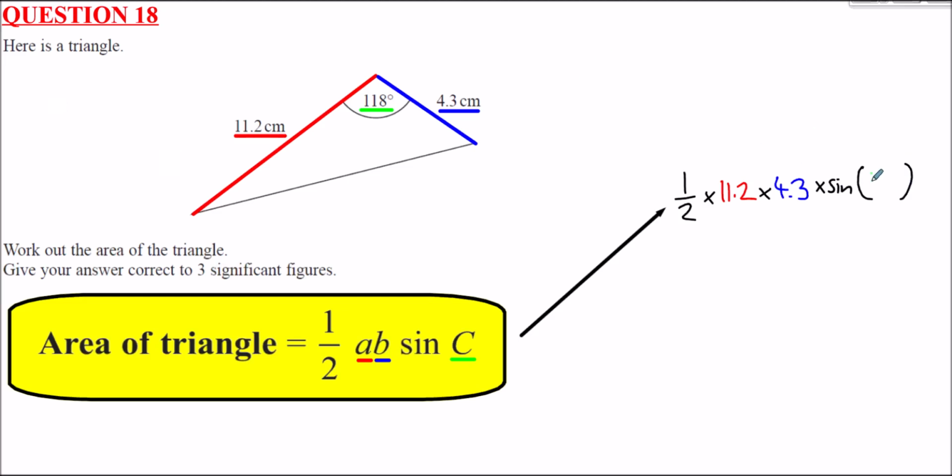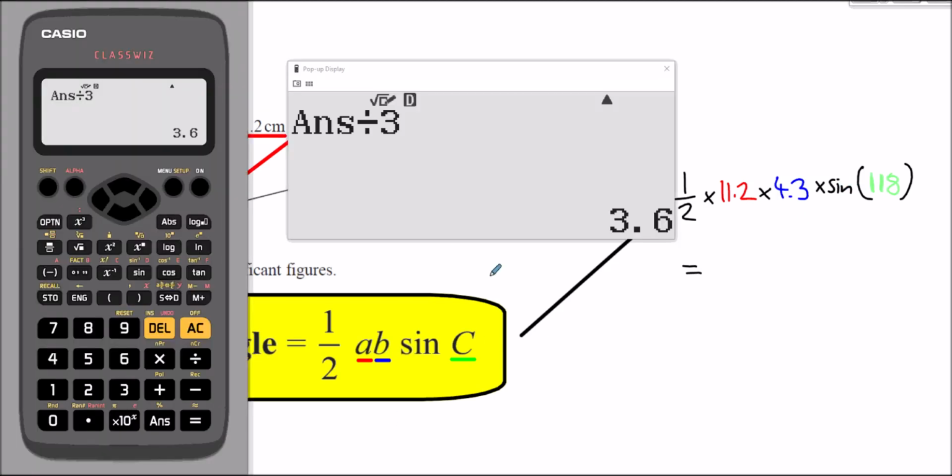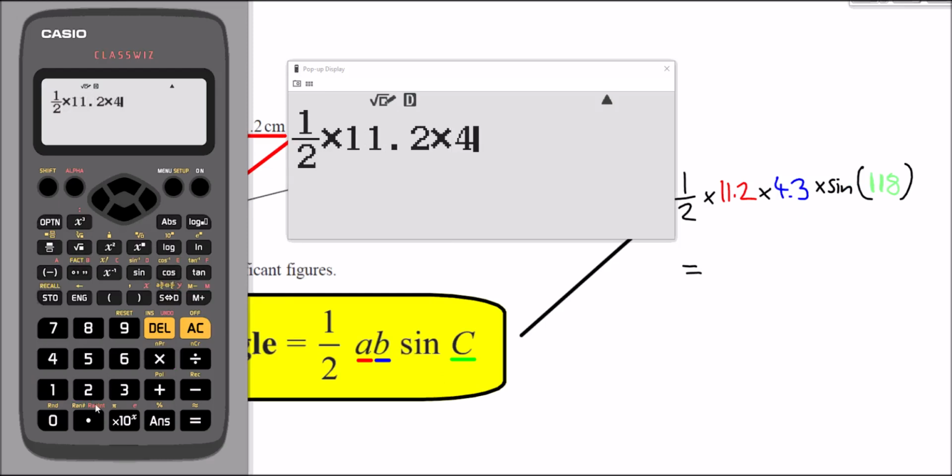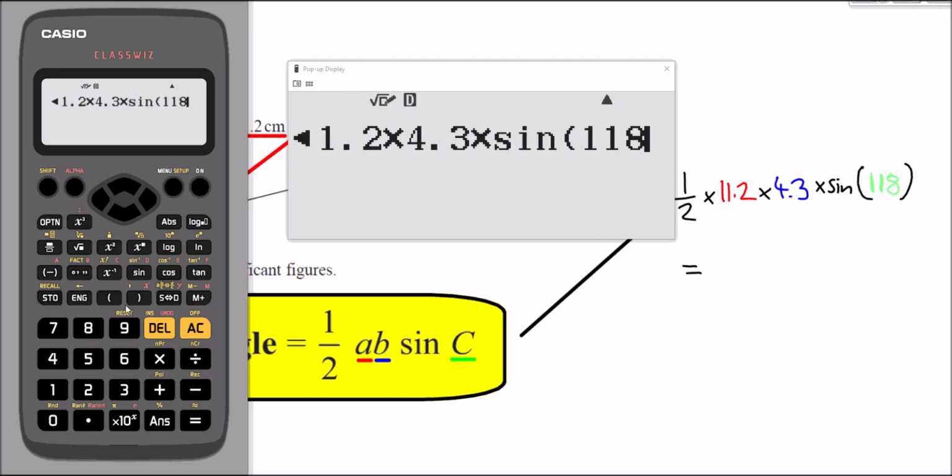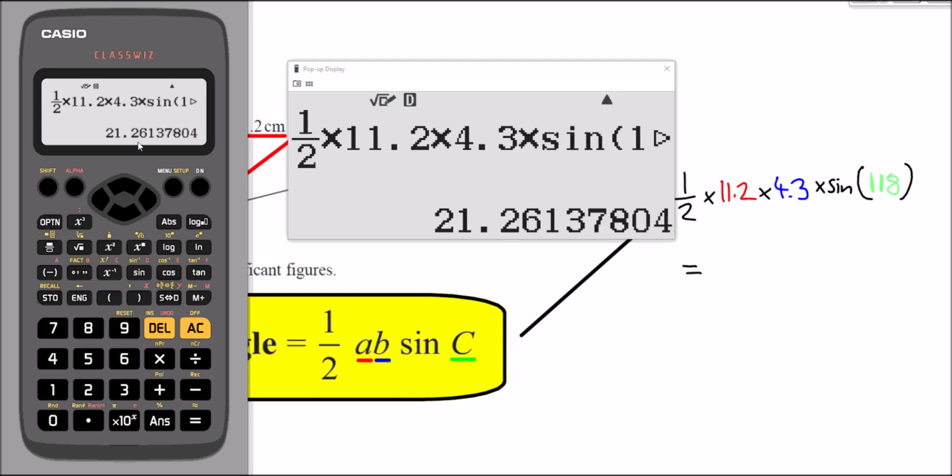Then we just need to carefully use a calculator to do this. A common mistake is to just do 4.3 times 118. Make sure it's sine of the angle. So, half, multiplied by 11.2, multiplied by 4.3, multiplied by sine 118, close brackets. That gives us a value of 21.26, and so on and so on.